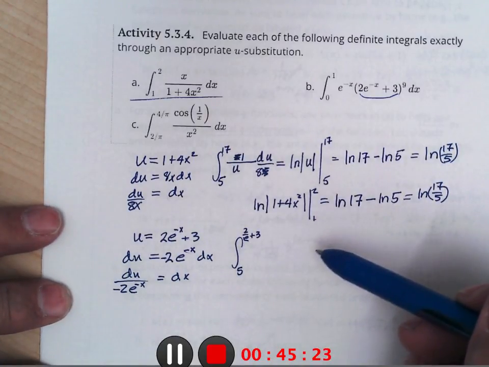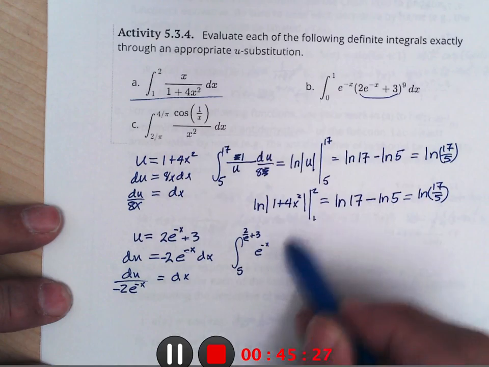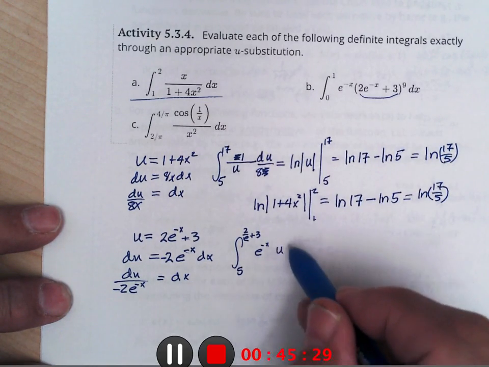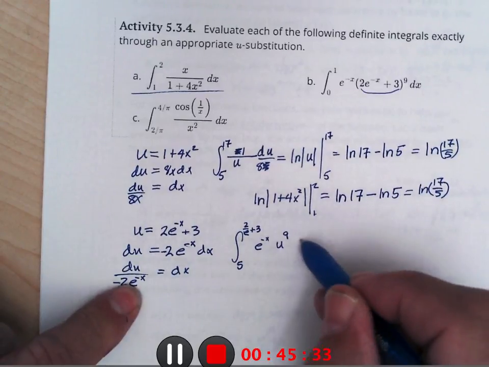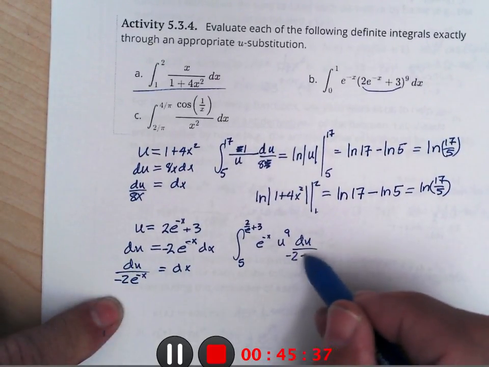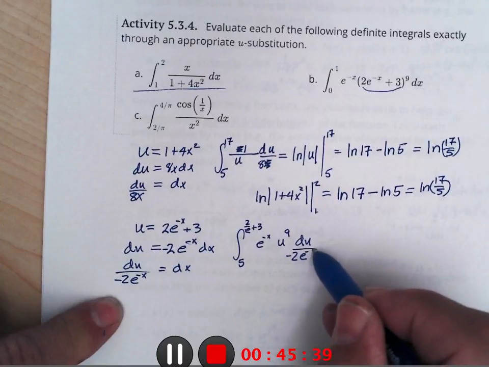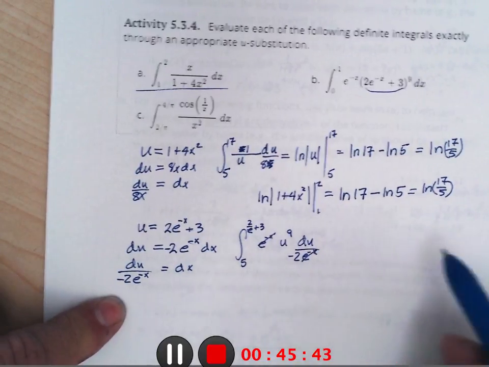But we're going to have e to the minus x, u to the 9th, and du over negative 2e to the negative x. And there goes the e to the negative x. The x's are gone.